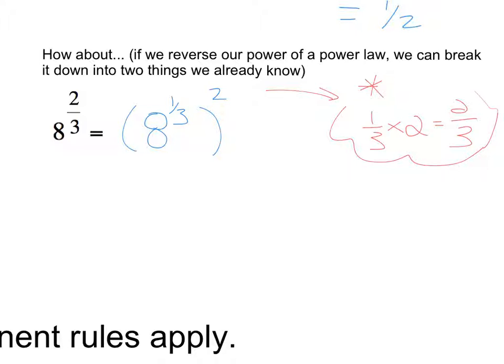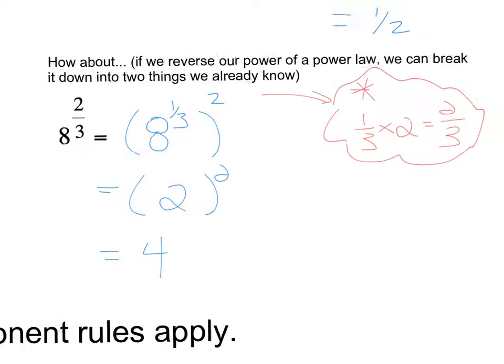Now I can treat this in stages. 8 to the exponent 1/3, what times what will give you 8? We find that it's 2, then 2 squared, and the answer is going to be 4. So we break it into parts like that.